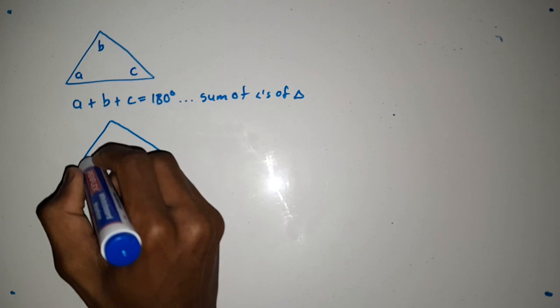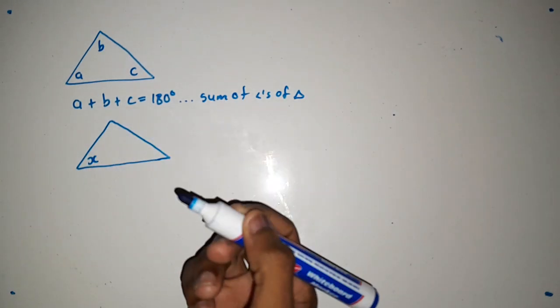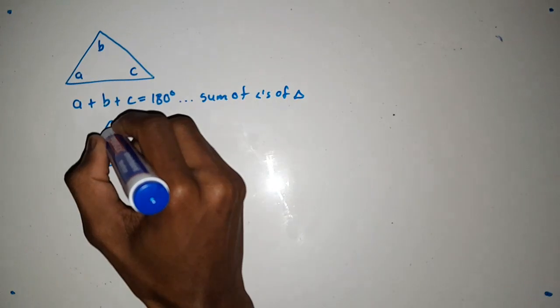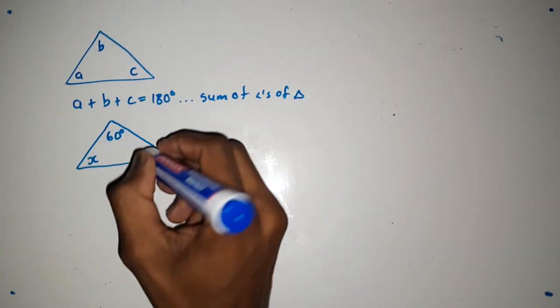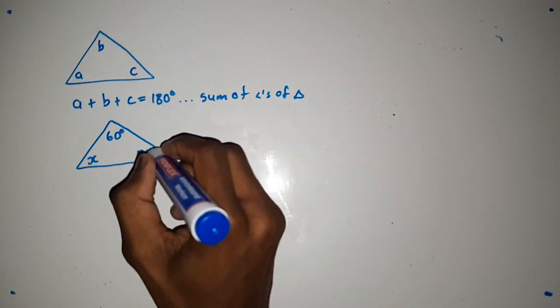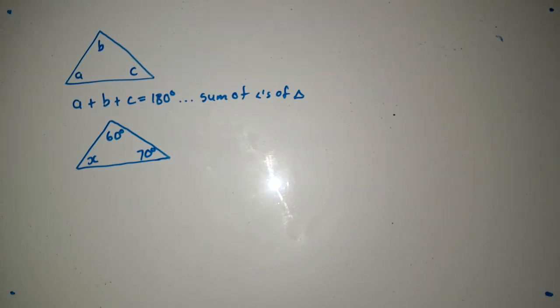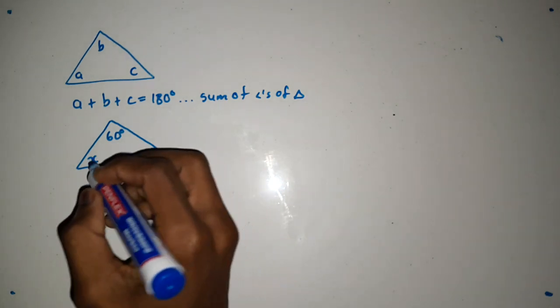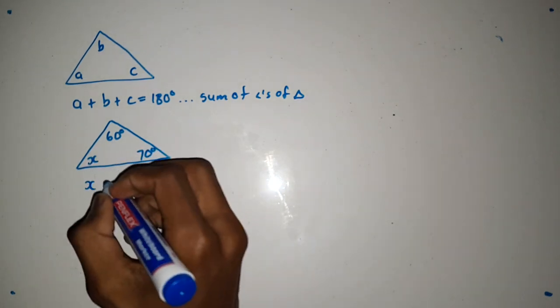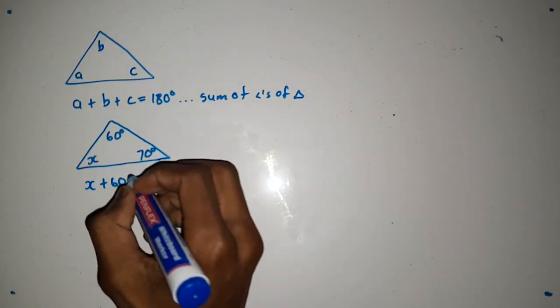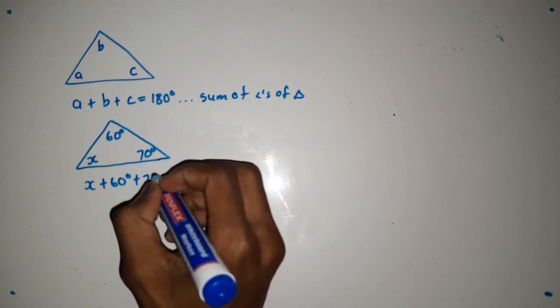Let's say I give you X somewhere here, let's say here I give you 60 degrees, somewhere here I give you 70. Then I ask you a question to find the value of X. How then are you going to do that? So simple. Just say I have X plus 60 plus 70.